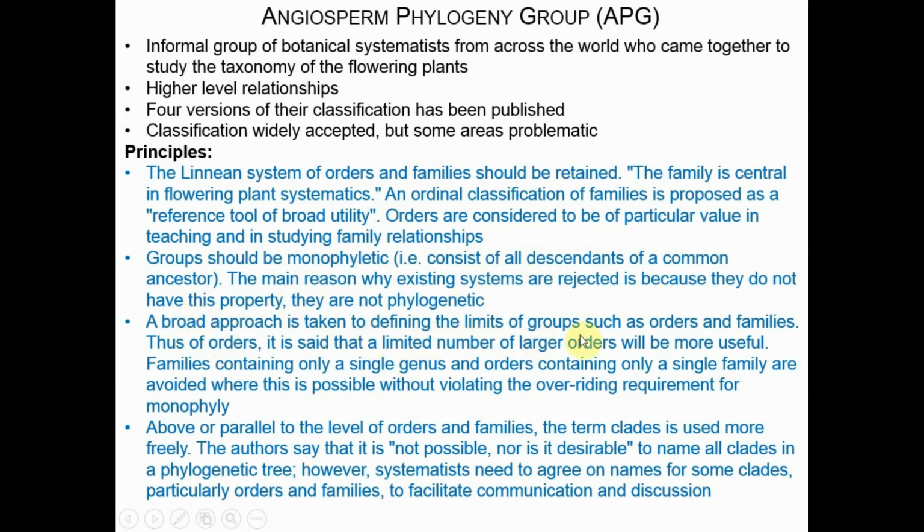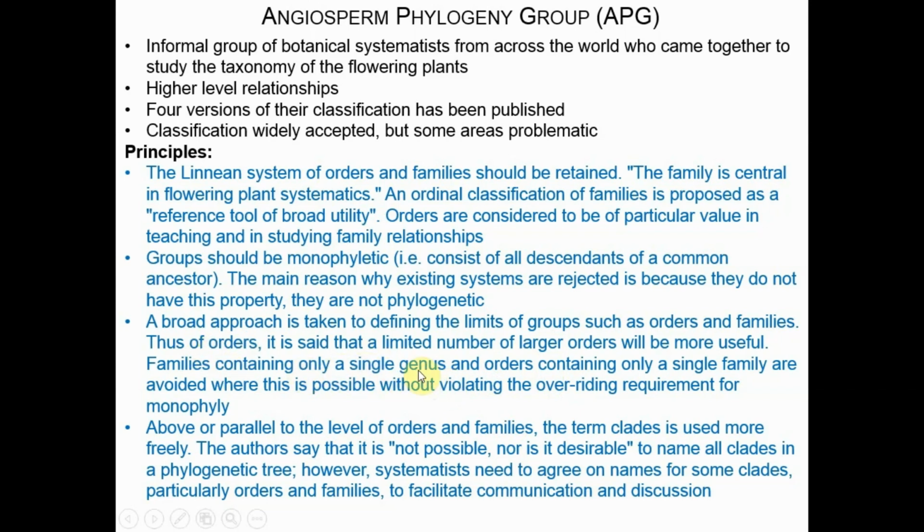And a broad approach is taken to defining the limits of groups, such as the orders and families. So this is one of the problems, that they have very broad concepts of what families are. And sometimes we have small, highly specialized families that then get lumped into larger families, which for some countries is a bit problematic.